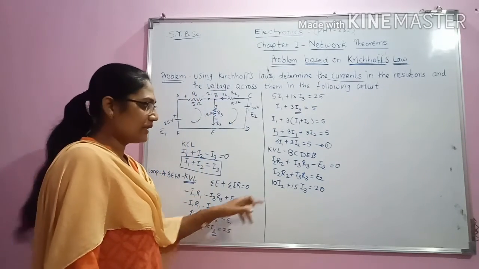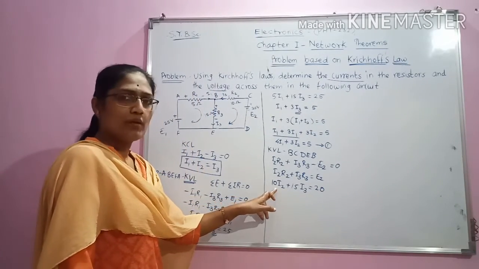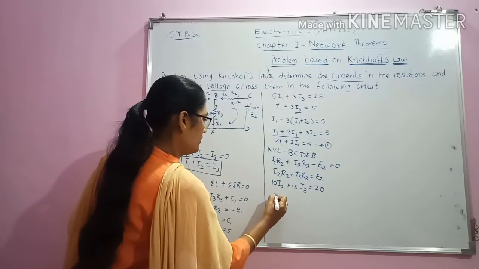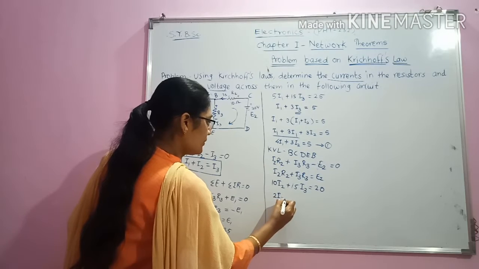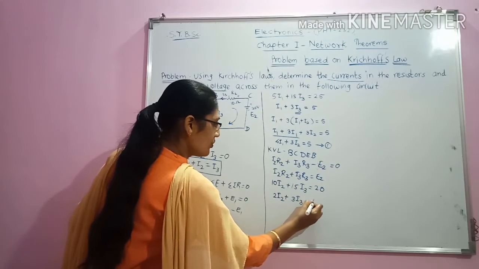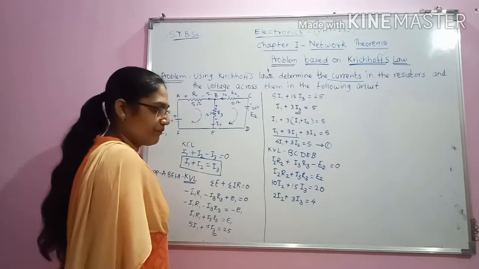So we will divide this equation throughout by 5. So it will give us twice of I2 plus thrice of I3 is equal to 4.